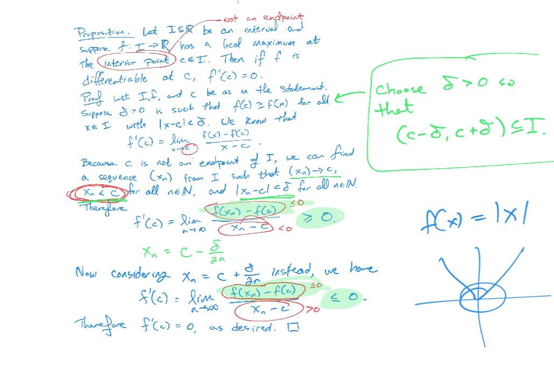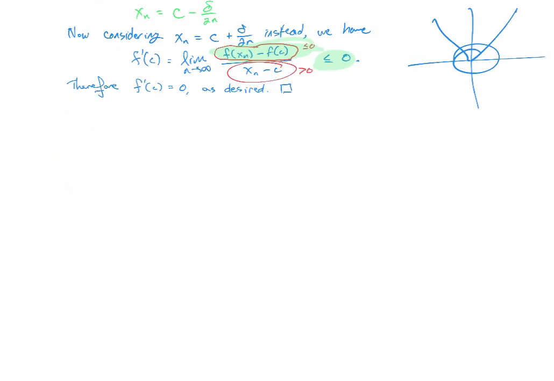Let's move on. That was our first result. Now our proofs get faster here because there's less to prove. That was the heavy lifting. Now we just have to use it. Does anyone remember Rolle's theorem?